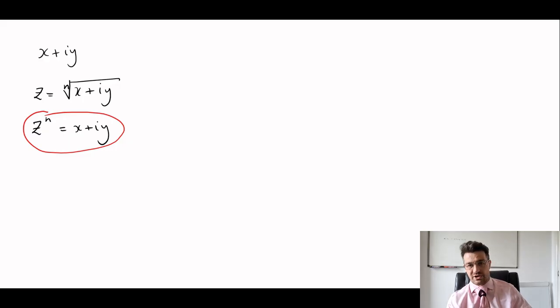So x plus iy throughout the duration of this video is going to be a non-zero complex number. Generally speaking, for a non-zero complex number, there are going to be nth roots for that complex number. It might seem obvious, it's not necessarily an obvious thing, but there will be n distinct nth roots for that complex number. And we want to find all of them.